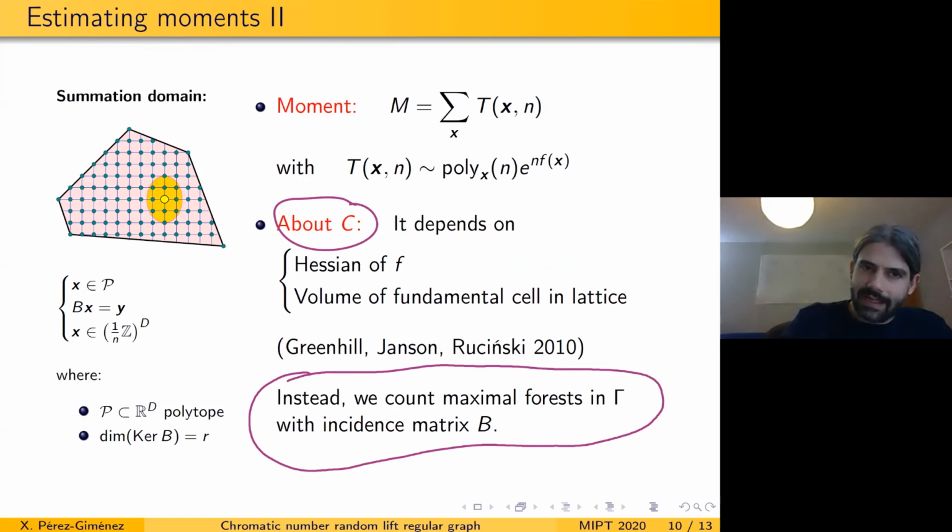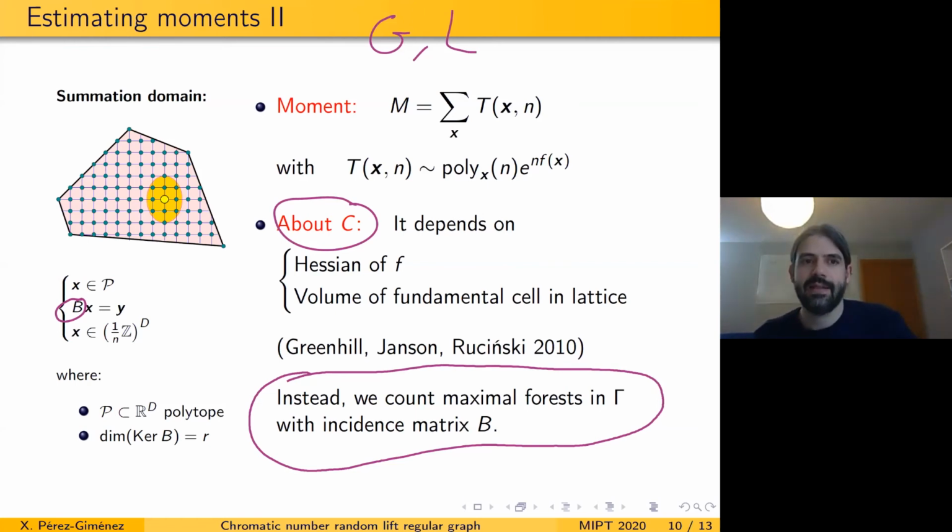And this graph has nothing to do with our base graph or our random lift. This graph has to do with the graph that has this B as its incidence matrix.